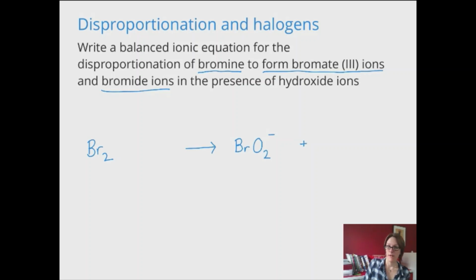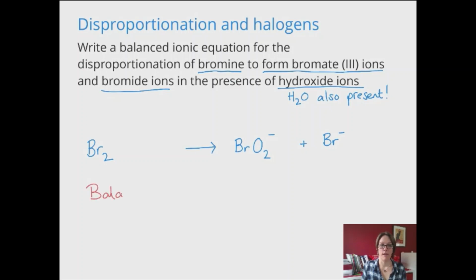Add that to my +3 and I've got a -1 charge on the ion overall. Bromide, Br-, as before. Hydroxide ion also tells us that H2O is present, okay, because you can't have hydroxide ions unless you have an aqueous solution. So we're going to use oxidation numbers to balance this again.